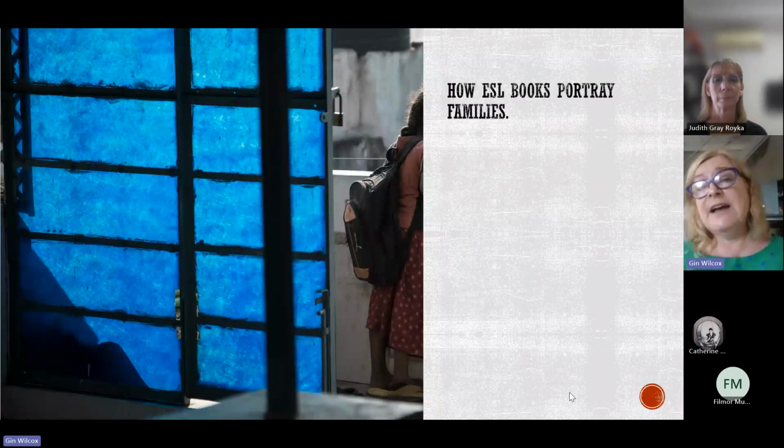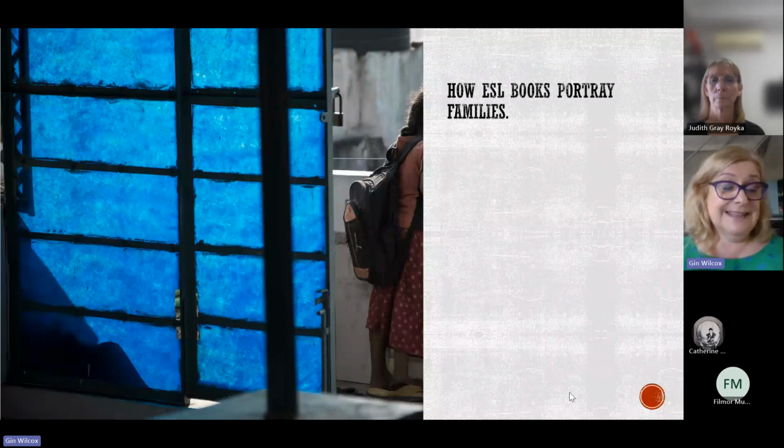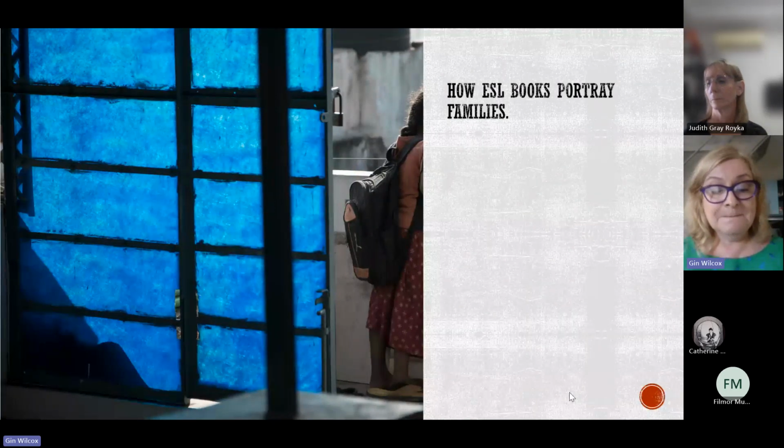So how do ESL books portray families? ESL course books are conservative and offer an idealized view of British and American culture. They normalize the traditional nuclear family.